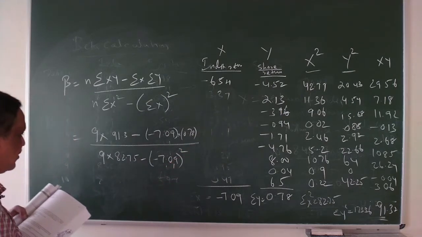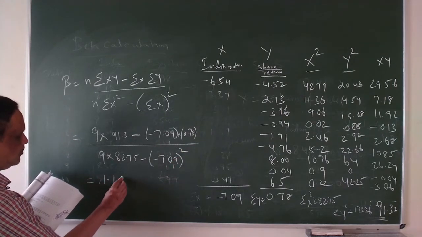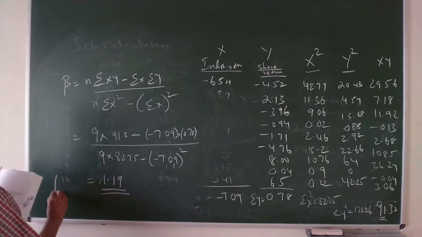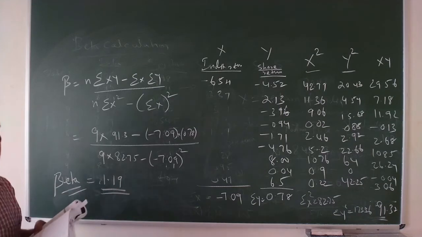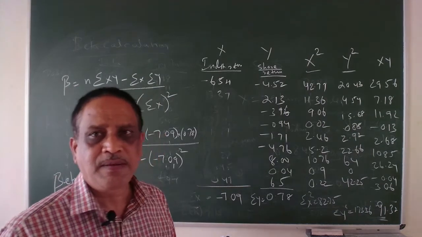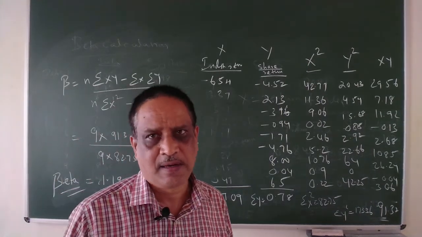Okay. If you solve that, you will be getting 1.19. Okay. So, beta is 1.19 for Bajaj Auto shares with the 9 days, 10 days data.